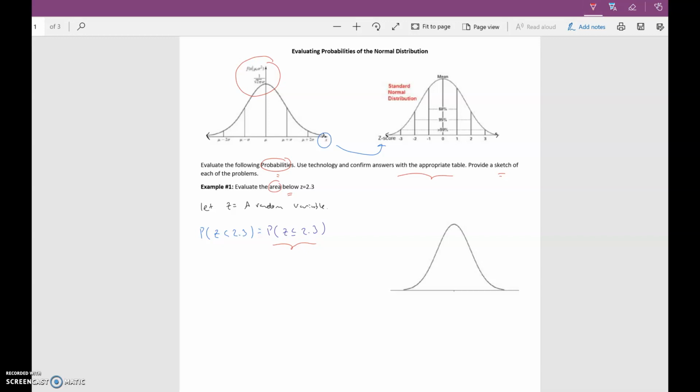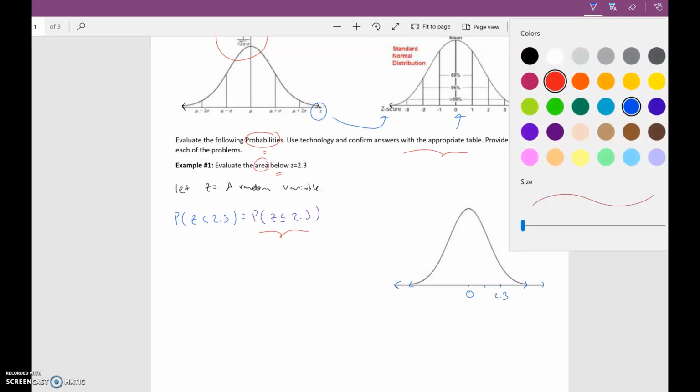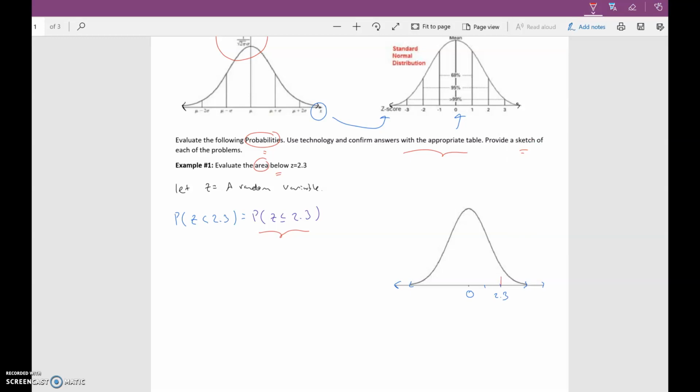Now, if you're going to be making a sketch of this particular scenario, let me just put the arrows here. This is the value of 0, since technically that represents the mean there. 2.3, not to scale, but 2.3 is going to be around here. And what they're asking on this particular event is that we get the area to the left of 2.3.